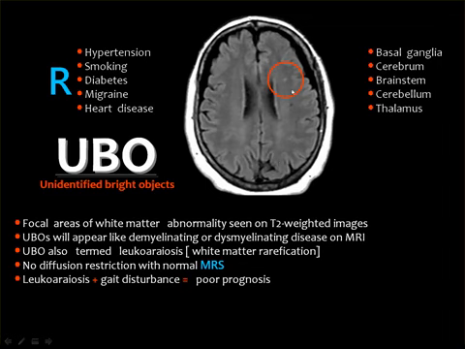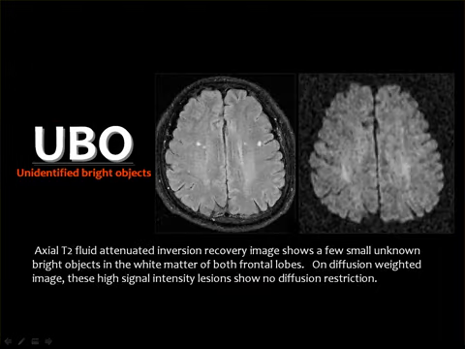The site of the lesions may be in the basal ganglia, in the brain parenchyma, brainstem, cerebellum, and so on. Of course, these lesions will not show diffusion restriction, and they will show normal MR spectroscopic findings.